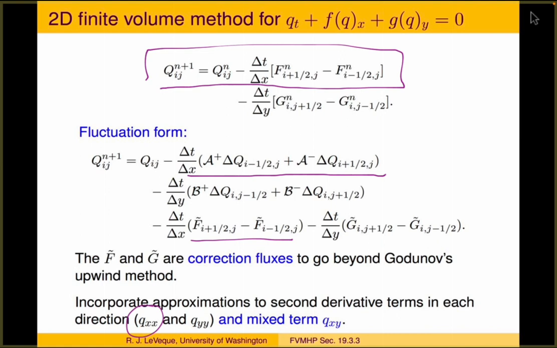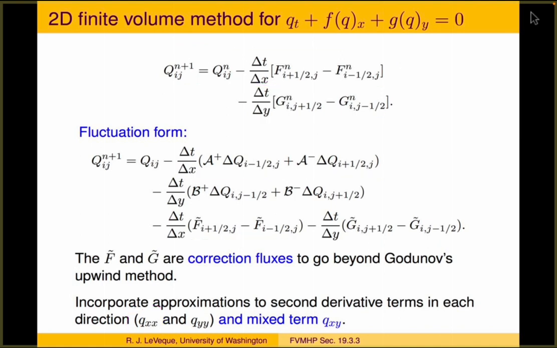And now we're going to do something similar in the y direction, so we'll bring in also the differencing in the y direction, which in fluctuation form means that we'll be looking at fluctuations in the y direction, which correspond again to the waves that are coming into the cell from the interfaces above and below the cell.